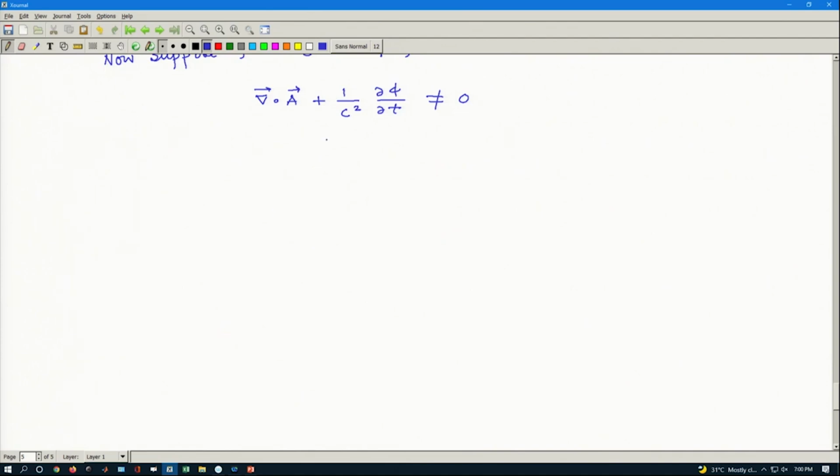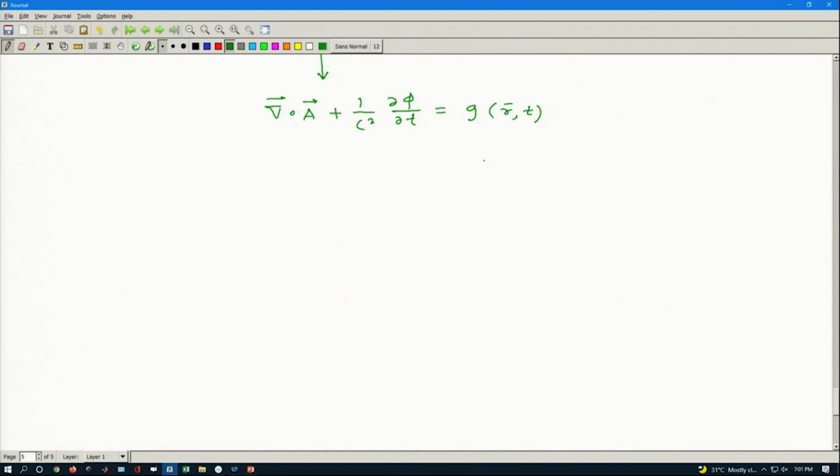If it is not equal to 0, it should have some value. So suppose this is not equal to 0, it should be equal to something, and this something is say g, which is a function of r and t. It has to be a scalar quantity because the left hand side is a scalar divergence, so the right hand side should be a scalar field.